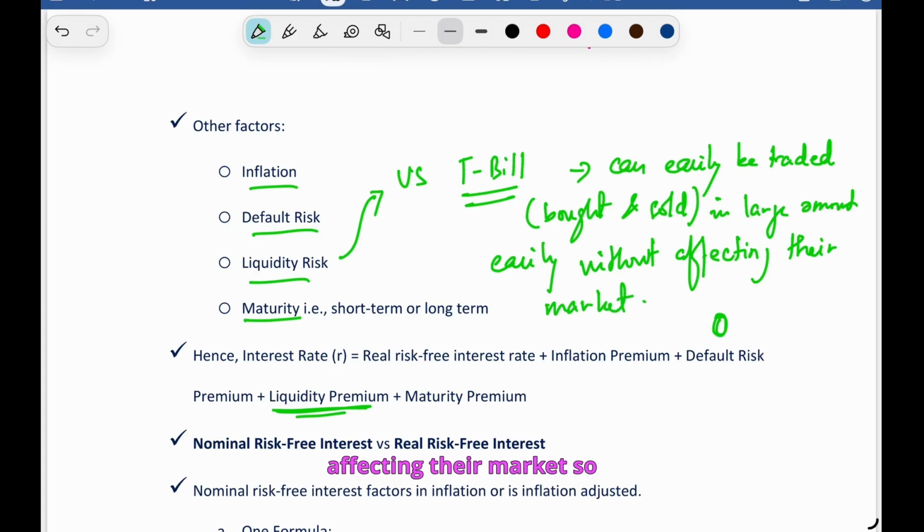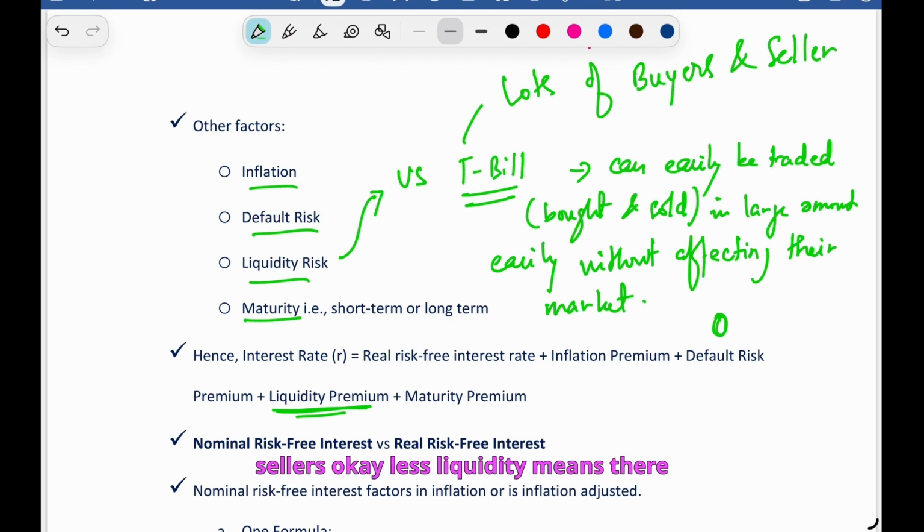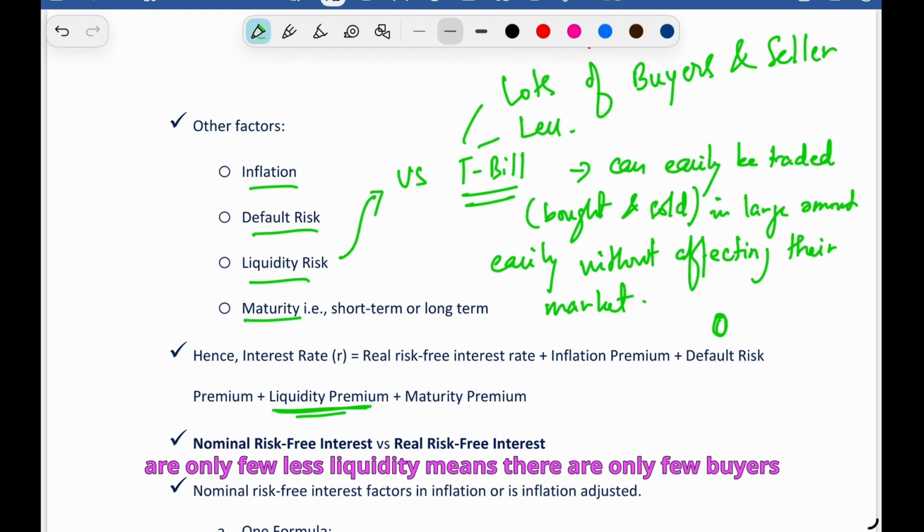So basically what I mean to say is that high liquidity means there are lots of buyers and sellers. Less liquidity means there are only few buyers and sellers.